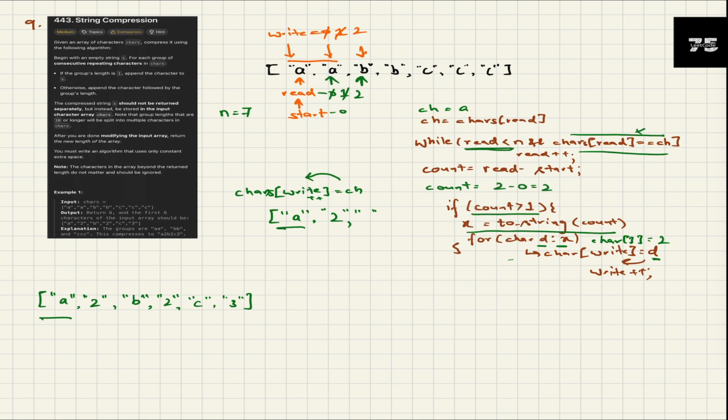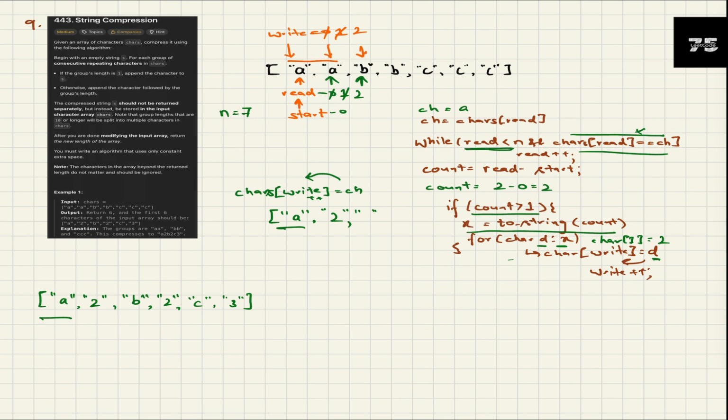So we read the characters, we read the number of times it occurs, and we wrote both the character and its count. Now obviously my read is at b, and again I'm supposed to do the same thing we had done with a.